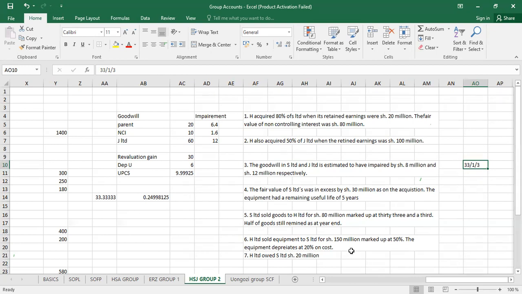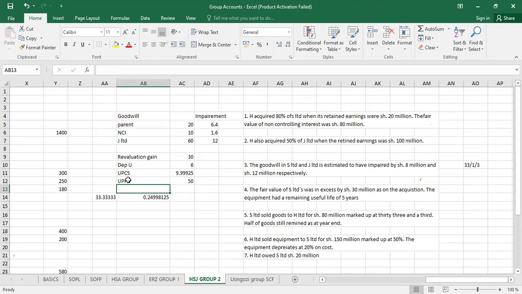Then H sold an equipment to S Limited for 150, marked up at 50%. We have unrealized profit on sale of fixed assets equal to 150, you multiply by 50 over 150, since we've already changed the markup to margin.